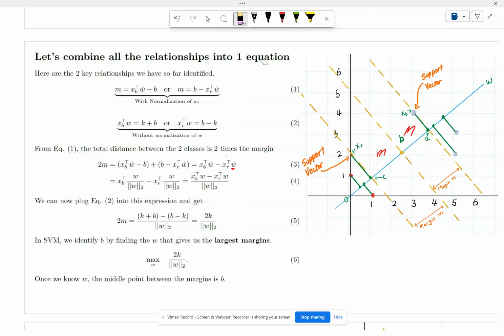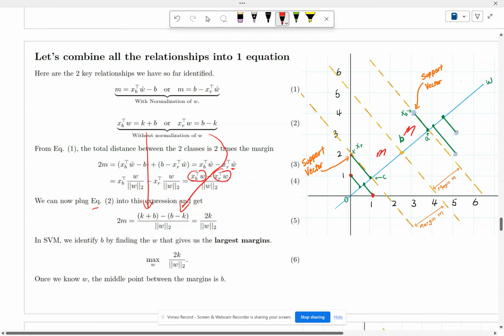Now we can plug these equations into this one and this one. If I plug them in, then KB will go here, B minus KB over here. Once again, this came from the equation for 2 times the margin. If we combine them together, the B once again cancels out. We got 2K.